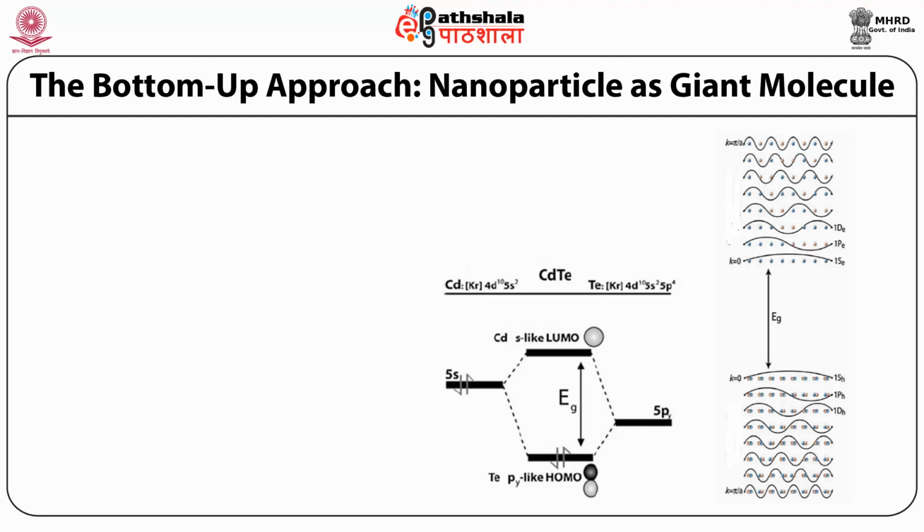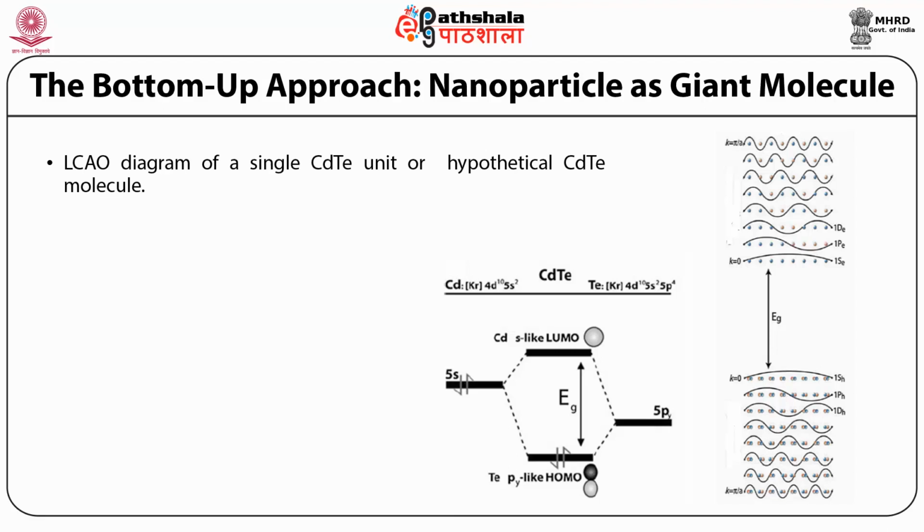So, if cadmium telluride is treated as a single molecule, the LUMO will be closer in energy to the 5s atomic orbital of cadmium, while the HOMO will be closer in energy to the 5p atomic orbital of tellurium. This figure shows the LCAO diagram of a single cadmium telluride unit, or hypothetical cadmium telluride molecule.